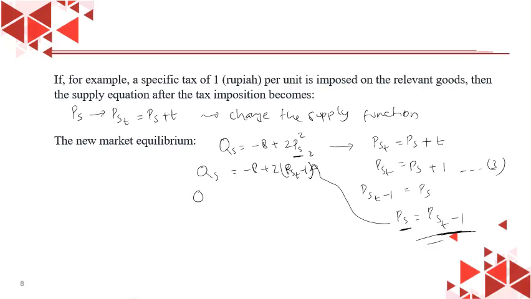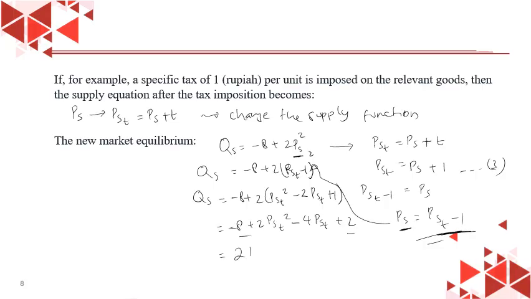Then QS is minus 8 plus 2 times, now we have to solve this, PST quadrat minus 2 PST plus 1. You multiply 2 with all the things inside the brackets. It is 4 PST. This one is plus 2. Minus 8 plus 2 is minus 6.